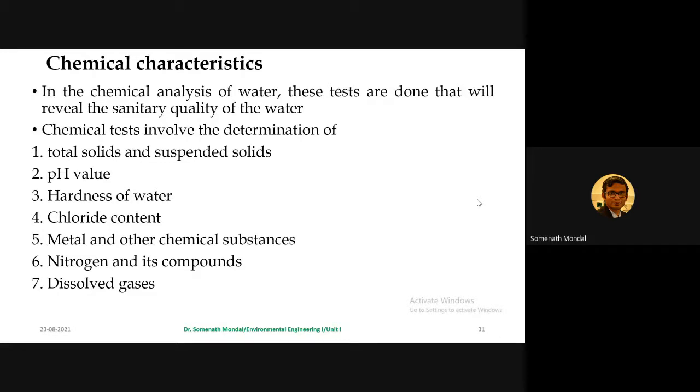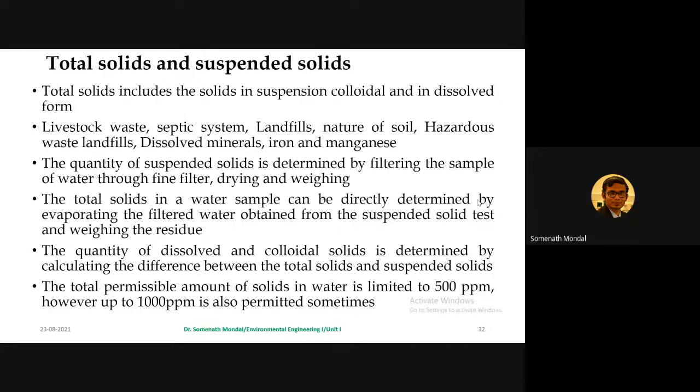I have listed the several parameters which we are going to talk about subsequently in today's class. So let us talk first about total solids and suspended solids. These two are very important as we talk about the chemical characteristics of water.